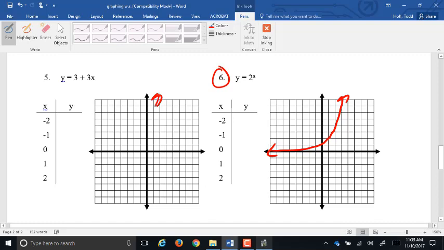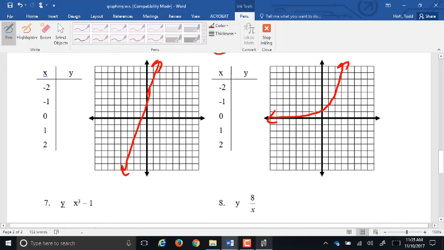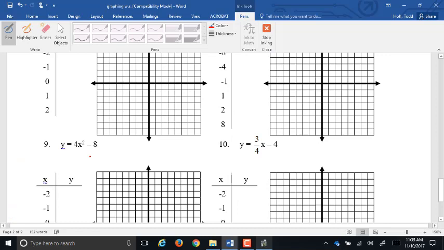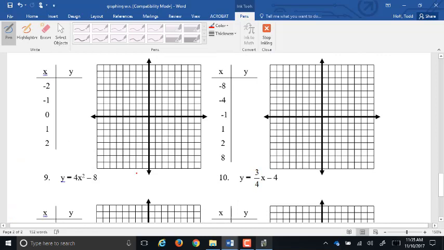Oops, number 5 disappeared on me. There. Number 7. Should look something like that. Got a nice little S-type curve.